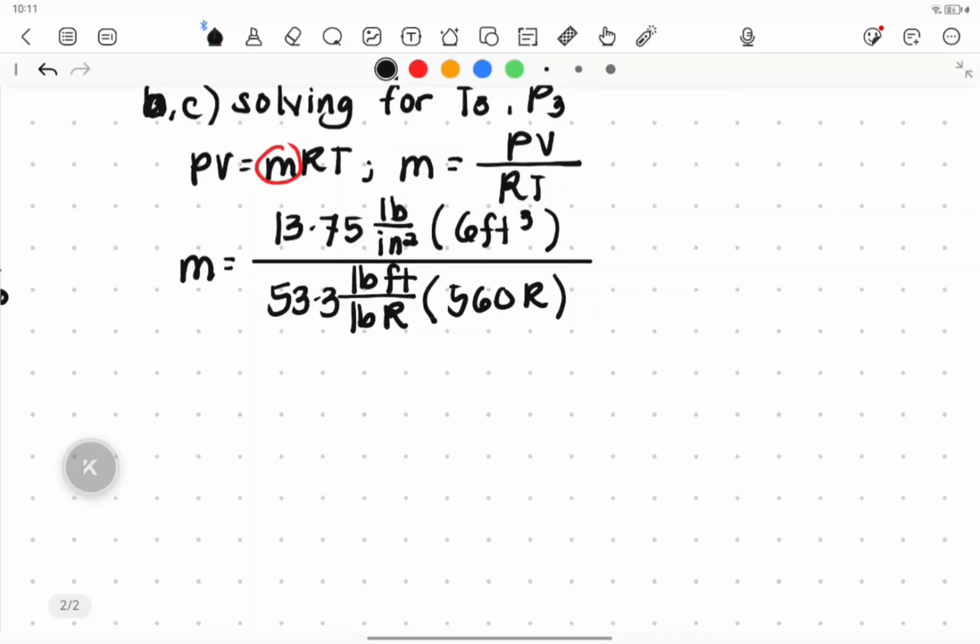Upon analyzing the units, we see that there is inconsistency in inches and feet. So we have to convert these inches into feet. We can basically use 144 square inch over square feet.